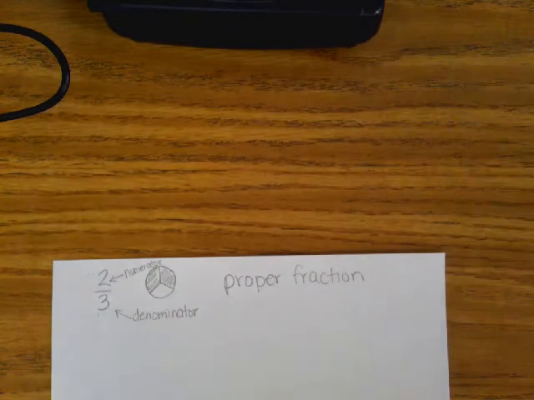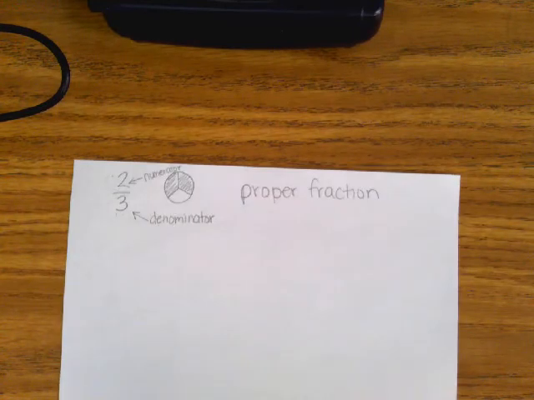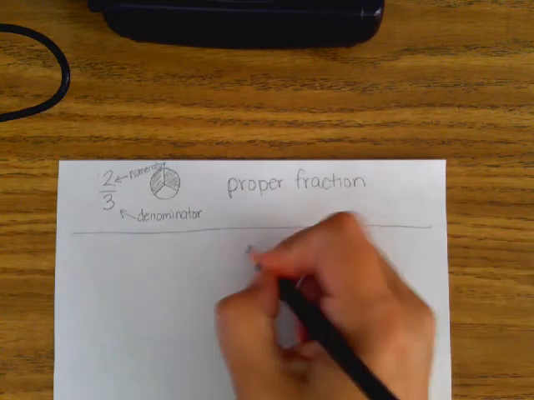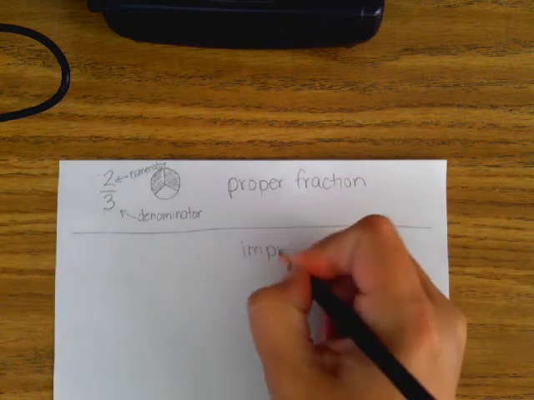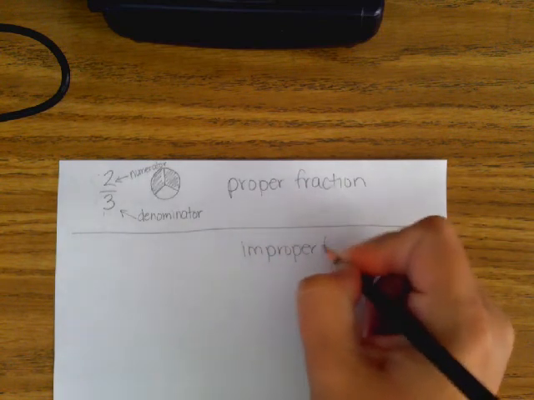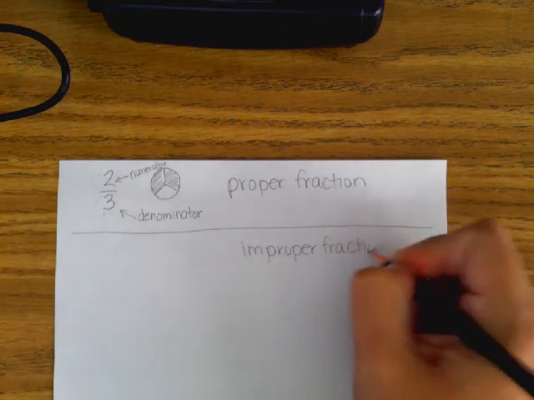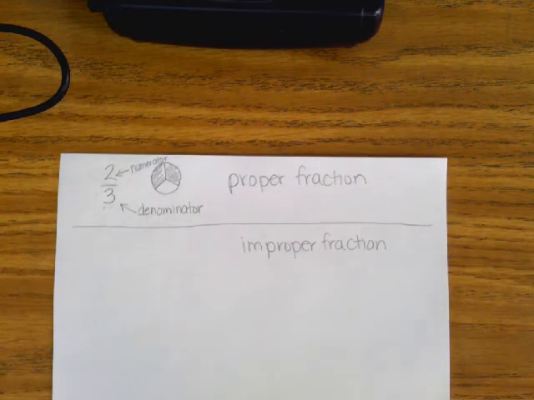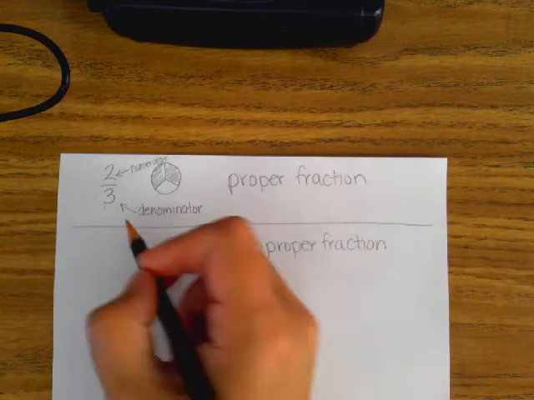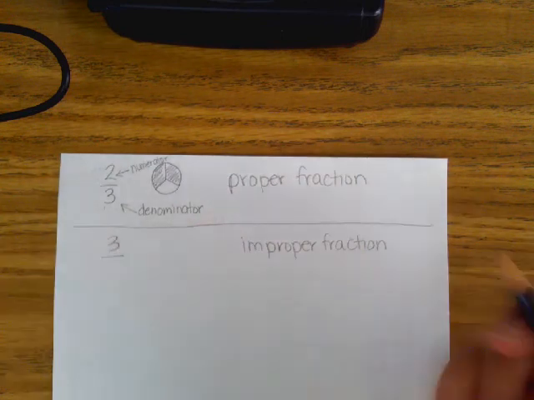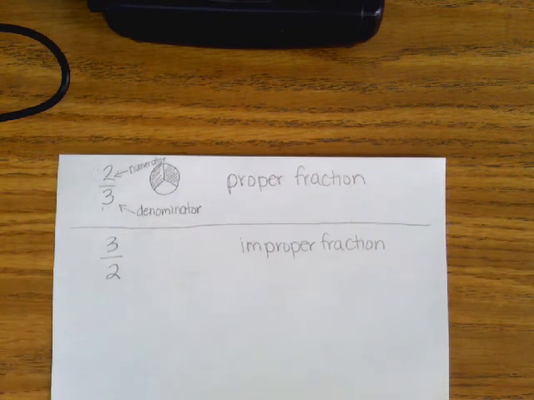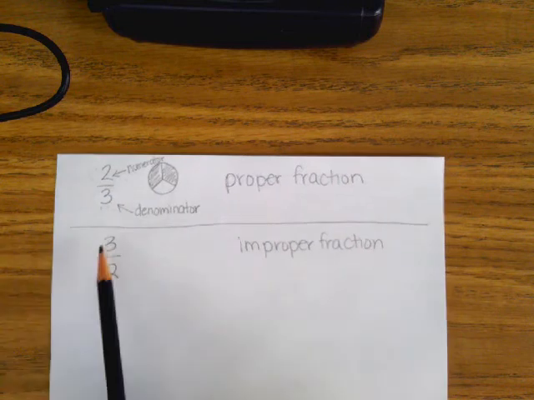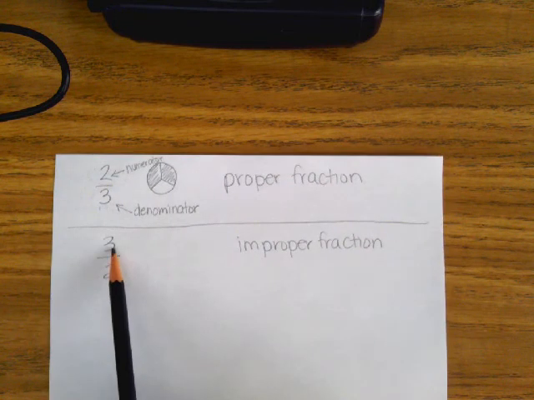Now, sometimes we won't have a proper fraction. Sometimes we'll have an improper fraction. So with an improper fraction, it is a larger number on the top and a smaller number on the bottom. Our numerator is still the top number.